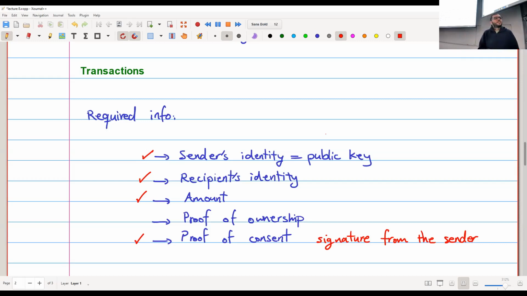Well, I can just give you a pointer to the previous transaction where I received these coins, right? So if I want to prove that I have a bunch of coins, the best way to show it is to say, here's the transaction where I received this.